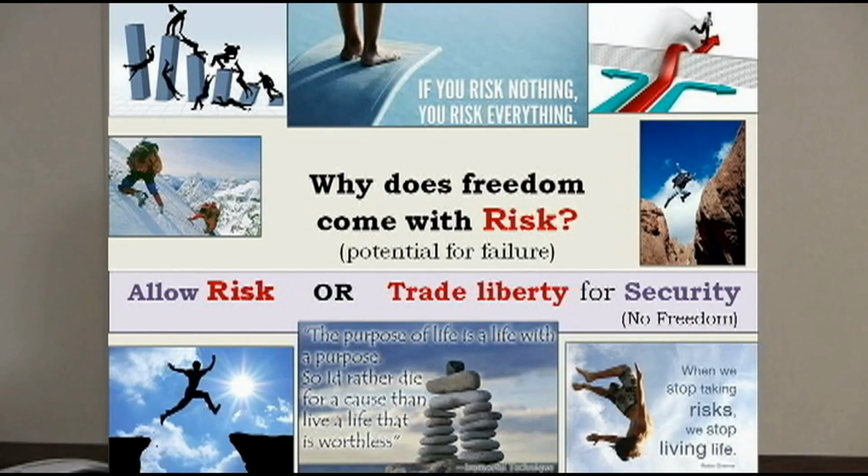So it fits with the economy of the time, okay? All right, so this brings us to a very important part about freedom. Why does freedom come with risk? So these pictures kind of show you what we mean by risk. It's important to understand that there is risk with freedom.